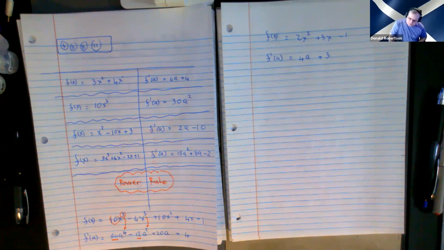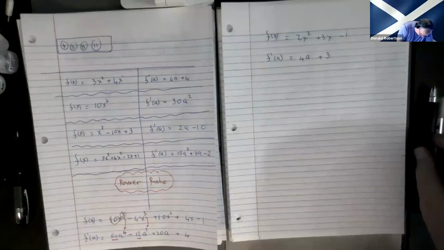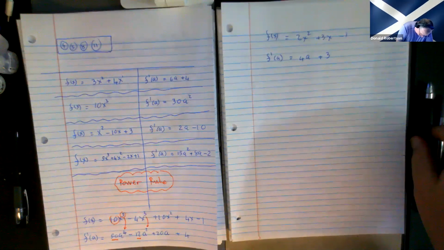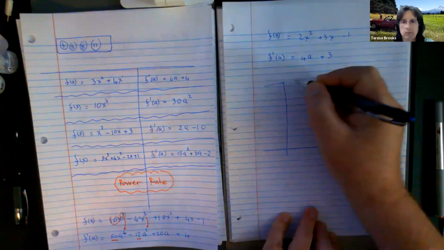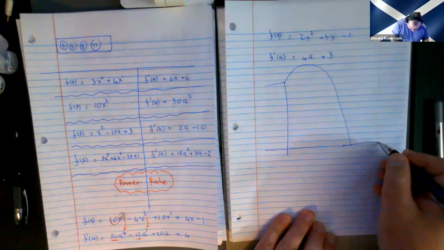I'm trying to draw a little picture of what that might look like. Here we go. If we were doing the throw off the cliff one, that might be the pathway, right? So you got a rock and you chucked it up and it went up and then it came down.